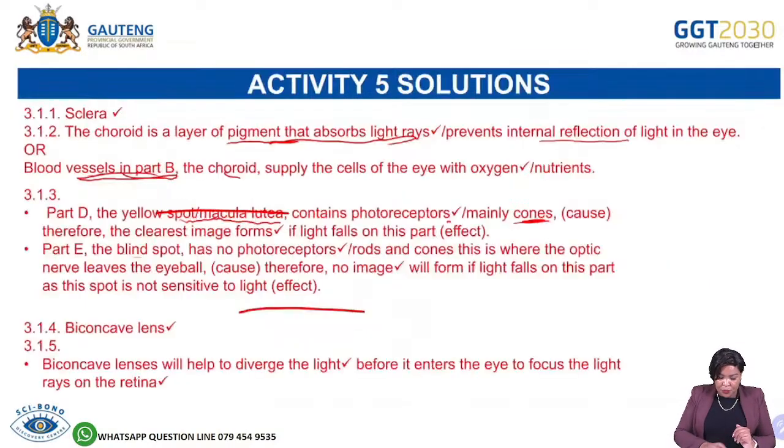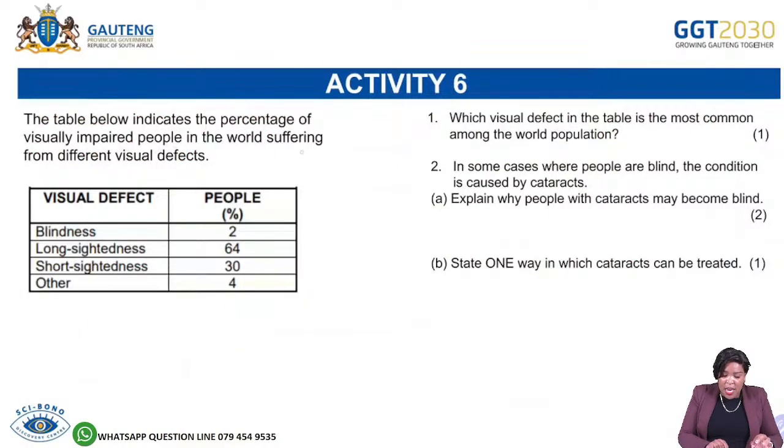Right. Then we can look at this activity also on defects. We are going to look at this activity together. The table below indicates the percentage of visually impaired people in the world suffering from different visual defects. So these are all the visual defects that you studied today.